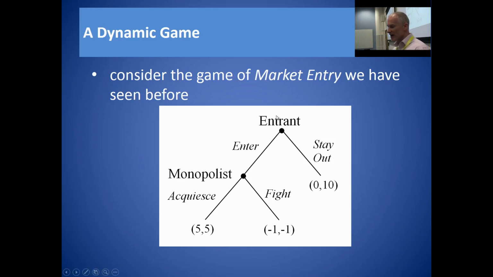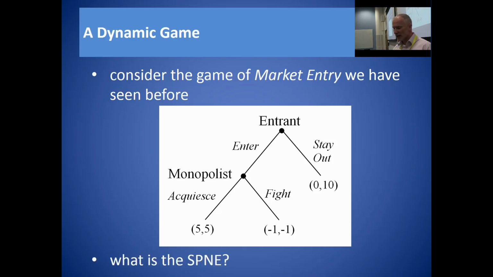However, if the entrant stayed out, the monopolist would gain that full profit of 10. But as we know, in these games of market entry, what is the worst possible scenario? The entrant enters, the monopolist responds by fighting market entry, and the profits of both firms are reduced all the way down. They get profits of -1.